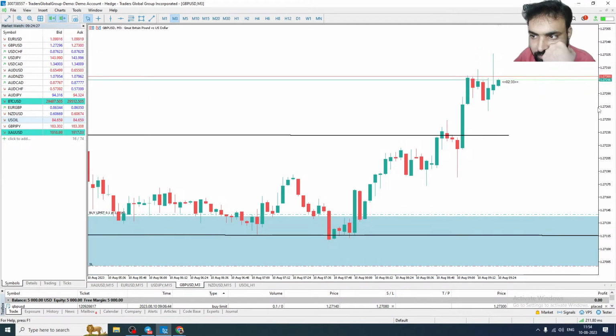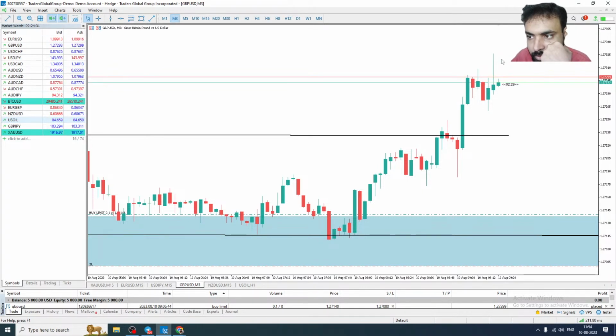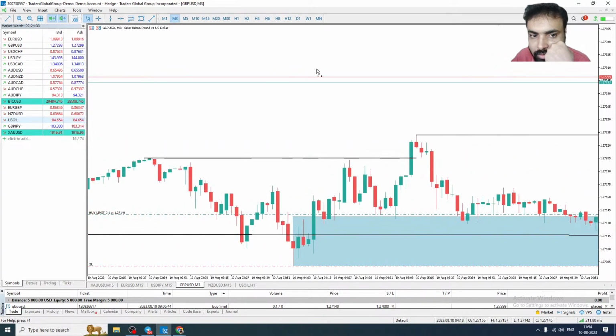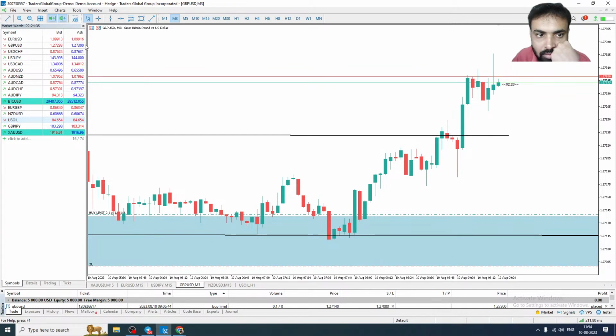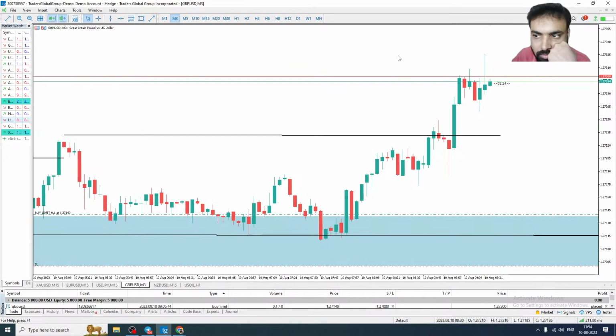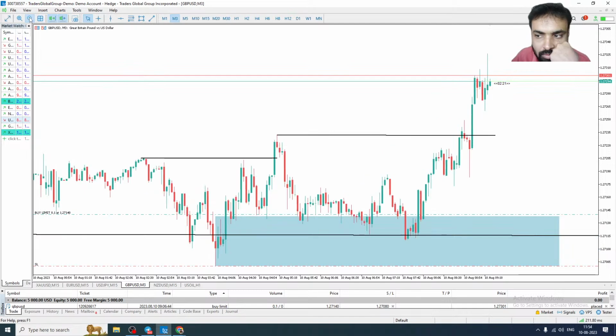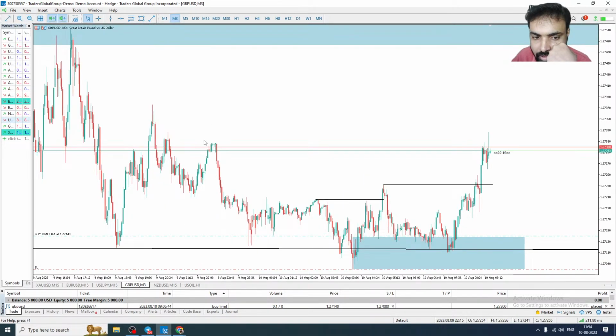I'm in a 3 minutes time frame. Liquidity is taken from that equal high. Let me do one thing. Let me just close this. Liquidity is taken from this equal high, and I think it is touched here.